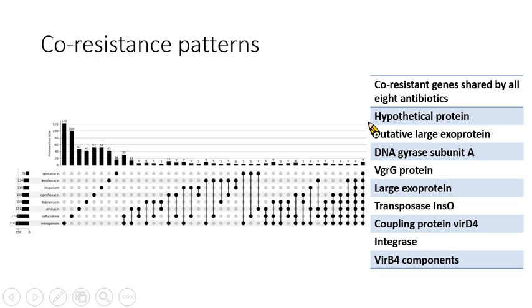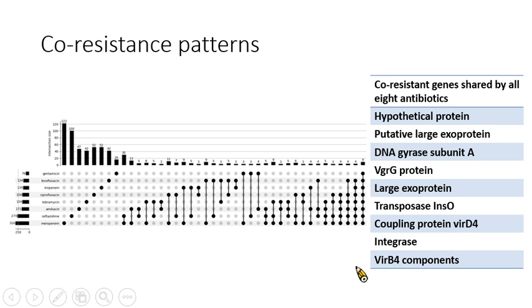These are the names of the genes that exist in all 8 resistances, including a hypothetical protein, the exoprotein, DNA gyrase, VgrG, and the integrase, and so on and so forth.